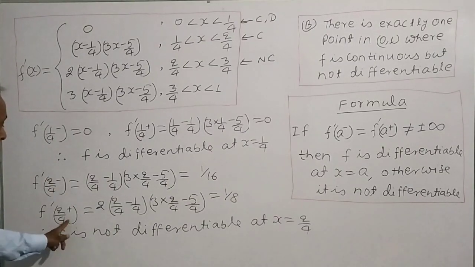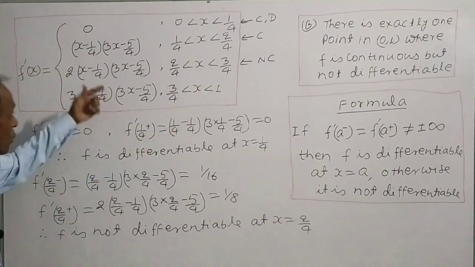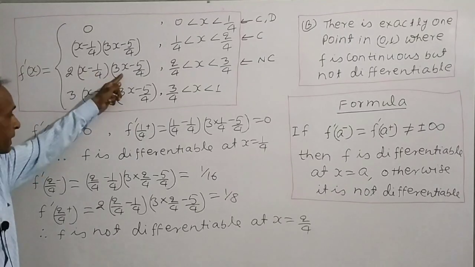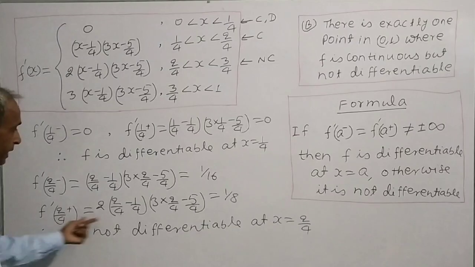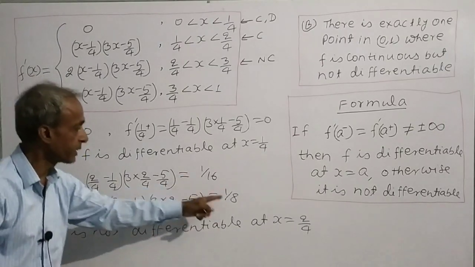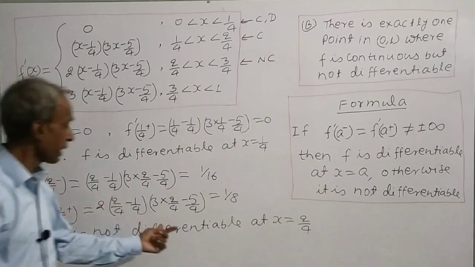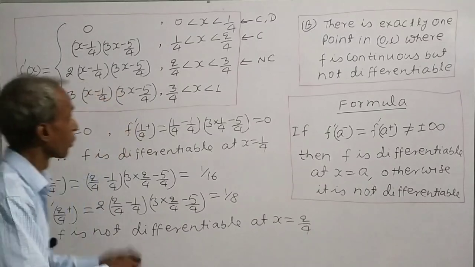Right hand derivative at x equal to 2/4, x greater than 2/4. We put 2/4 in place of x in this expression and get right hand derivative 1/8. Since these two numbers are not equal, therefore f is not differentiable at 2/4.